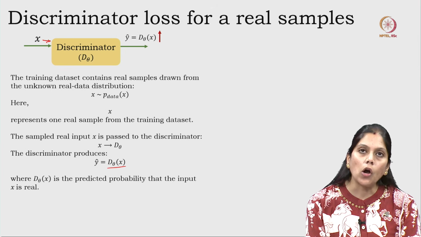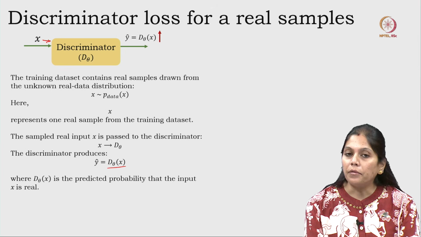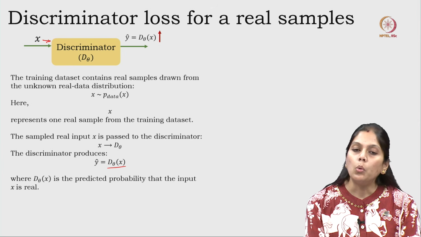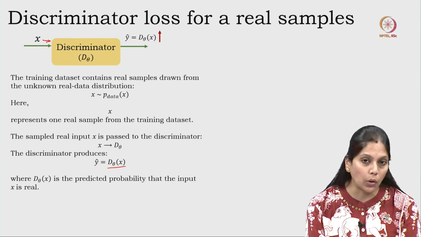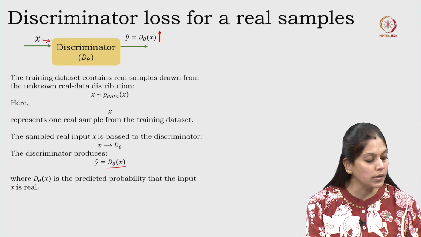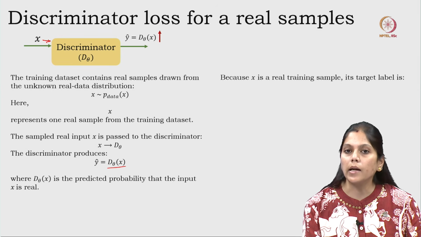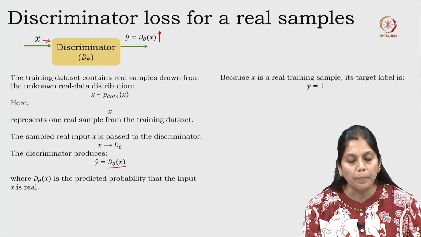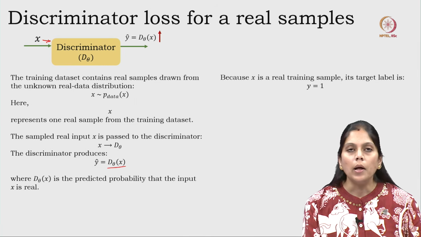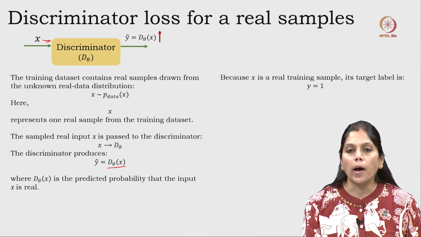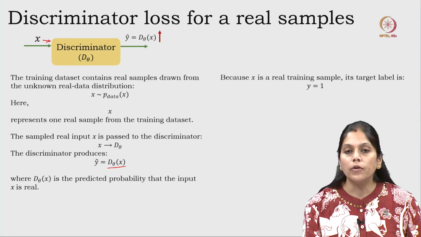Now, just to recall from our previous session, if x is a real sample, what should be its ground truth? The ground truth should be y equal to 1. Since x is a real training sample, its target label y is 1. Because y is 1, we need to have a binary cross entropy function.